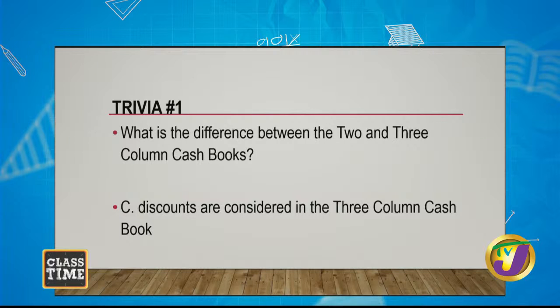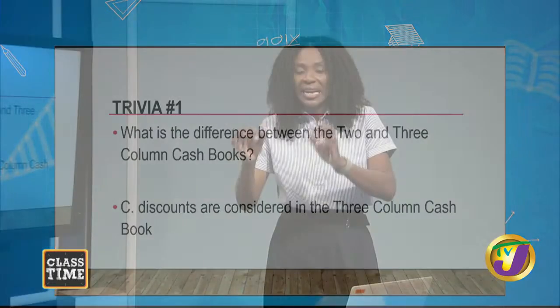I hope you selected C. Discounts are considered in the 3-column cash book, but they are not considered in the 2-column cash book.